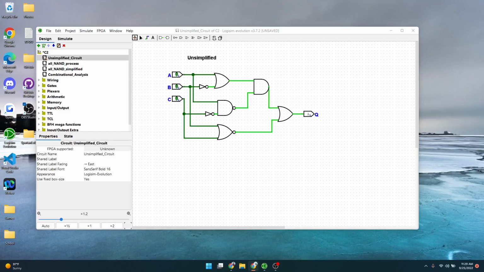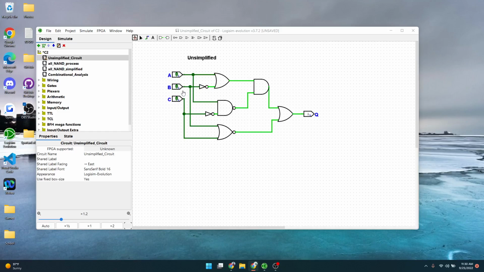That first logical expression was A or B prime, so it's not the quantity primed, just A or B prime. That is expressed here. It is A or B prime, and A and C prime primed.